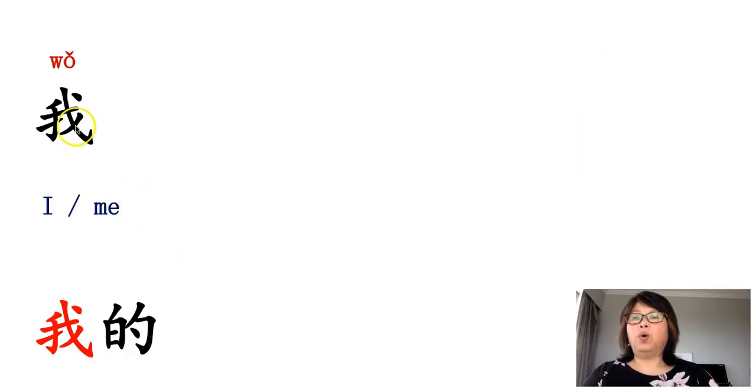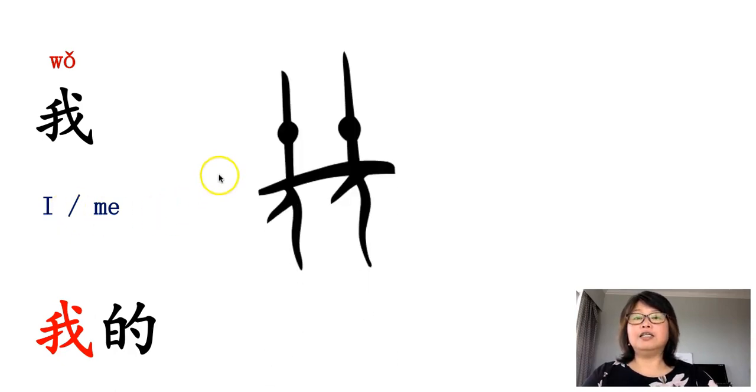This is 我, sounds like war, and it means I or me. The original form of 我 actually was like two weapons. When we have weapons, that means we're having a war. So war sounds like 我, but when we look at nowadays, is our life full of battles?